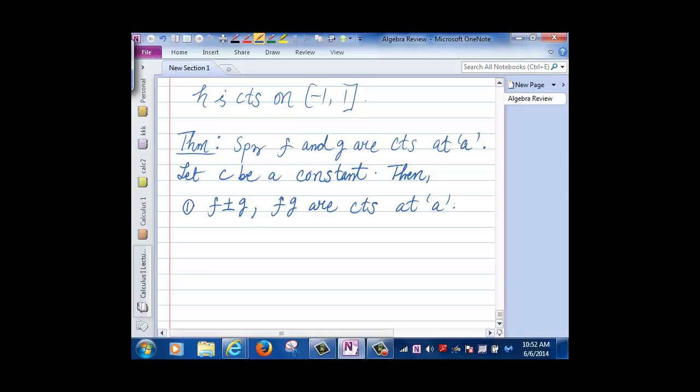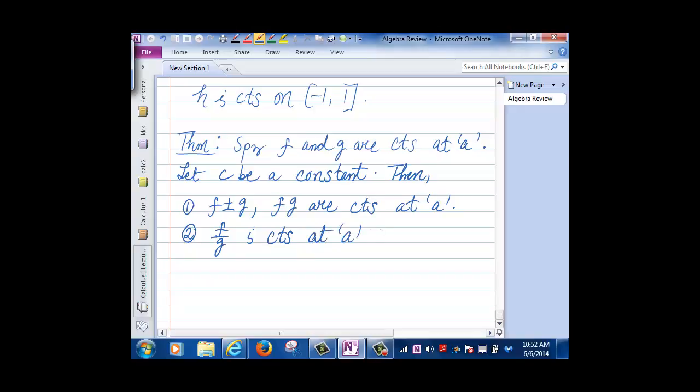So what we are saying is that if f and g are separately continuous at a, then f plus or minus g, f times g will also be continuous at a. Number 2, f divided by g will also be continuous at a.